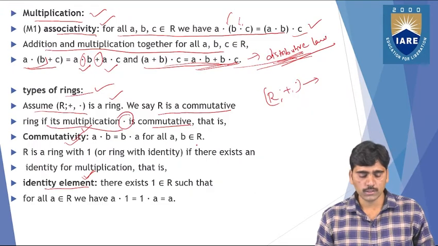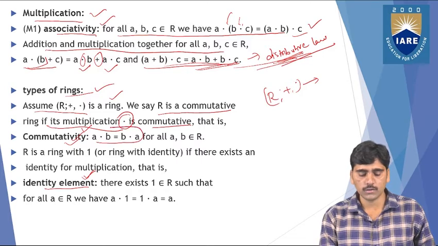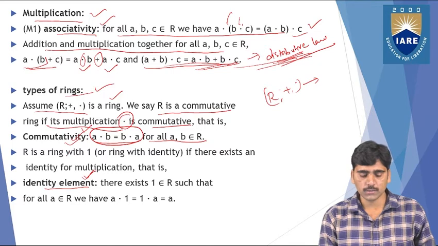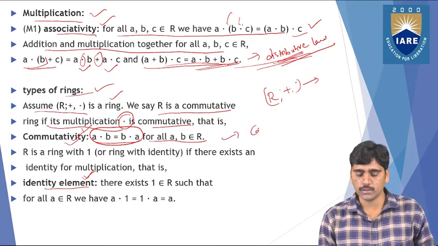Here, A dot B equals B dot A, if it is satisfied for all A, B belonging to R, then it is said to be a commutativity ring.